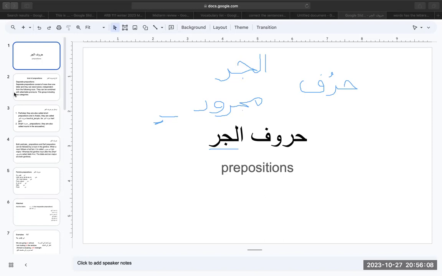Okay, Shabab? And do not forget that حرف means one letter, and حروف means many letters, okay? And in English, of course, we name it preposition.